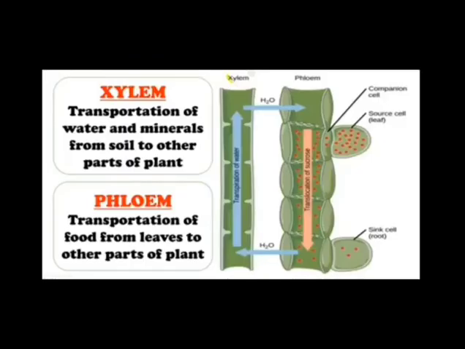So this one is xylem. What is the main function of xylem? The function of xylem is the transportation of the water and minerals from the soil to the other parts of the plant.